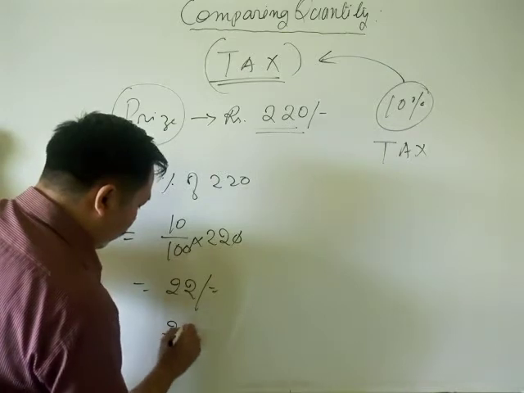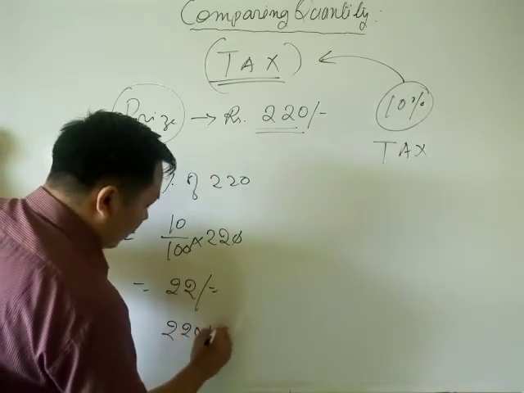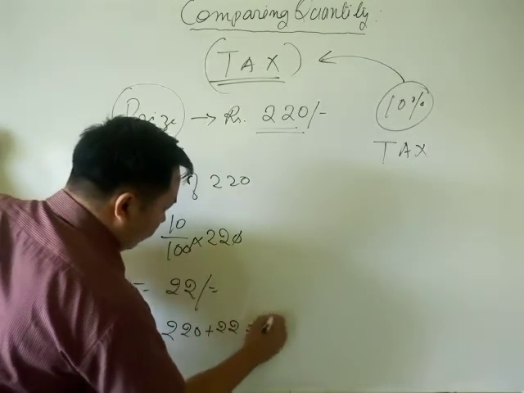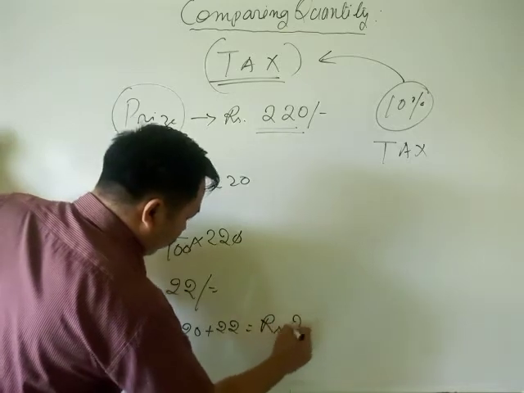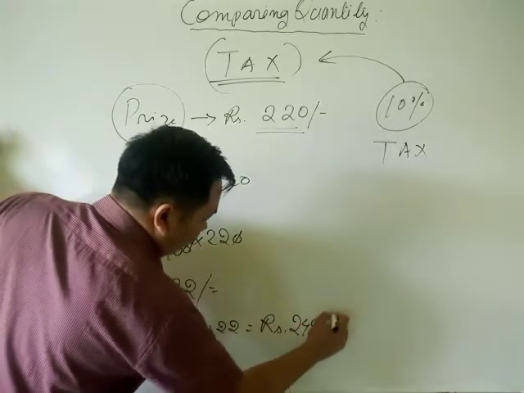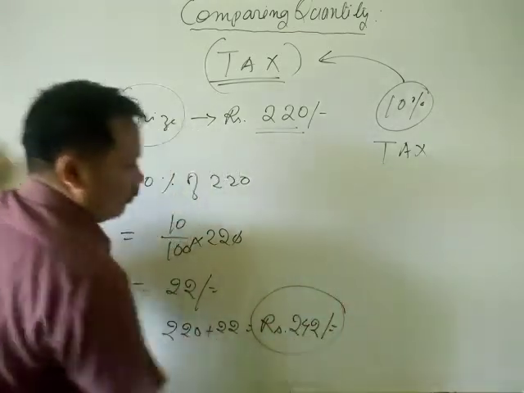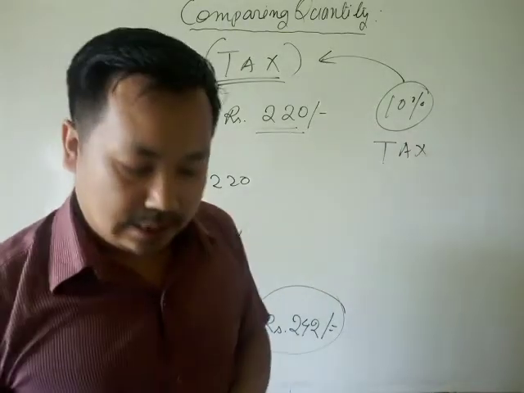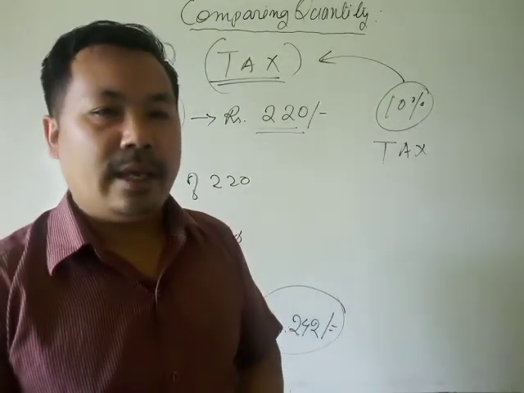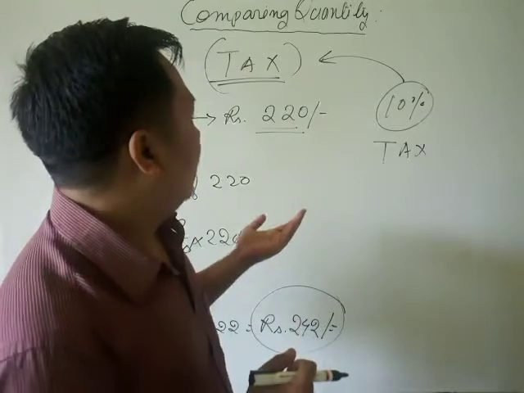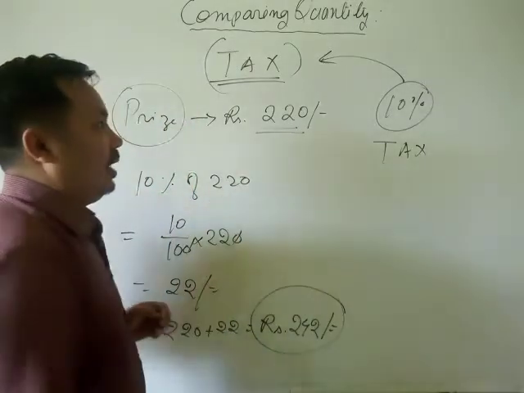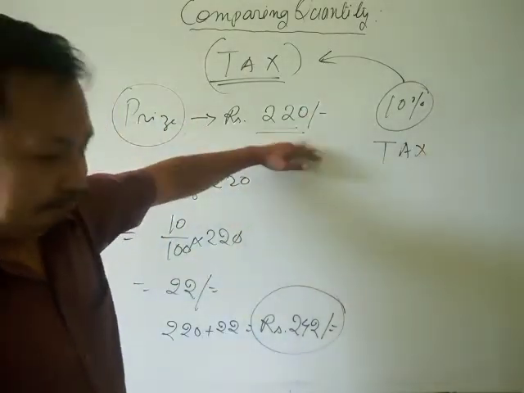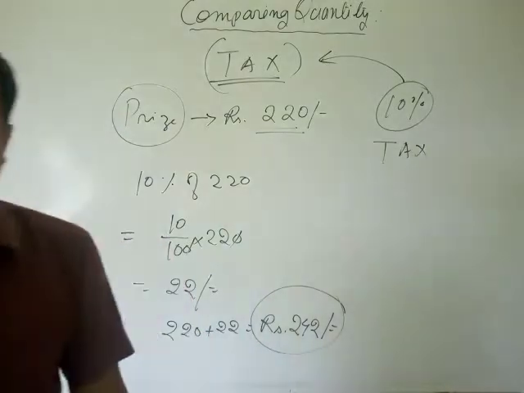That means 220 plus 22 equals rupees 242. 242 is what we have to give altogether after the sales tax. If tax is to be added, then we add it to the price. Okay, let us see the next.